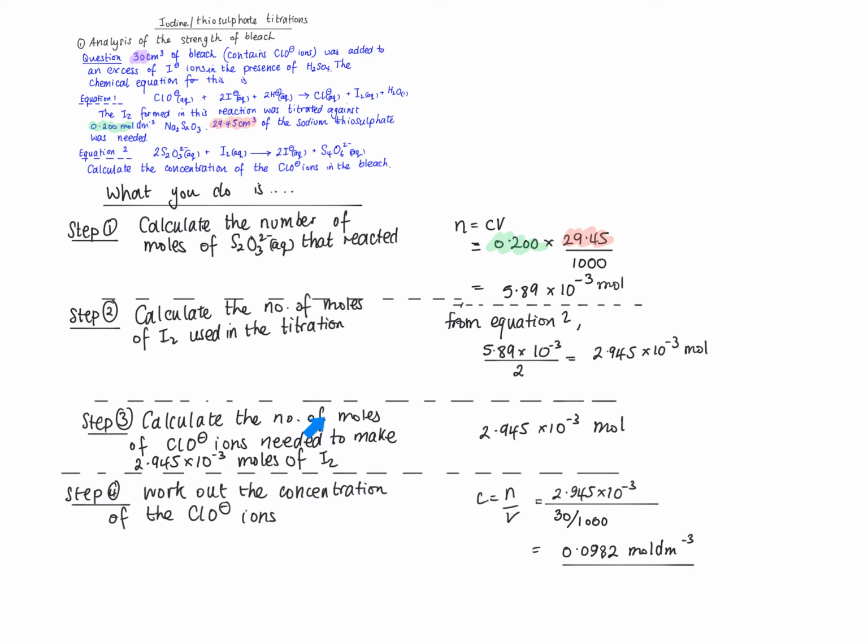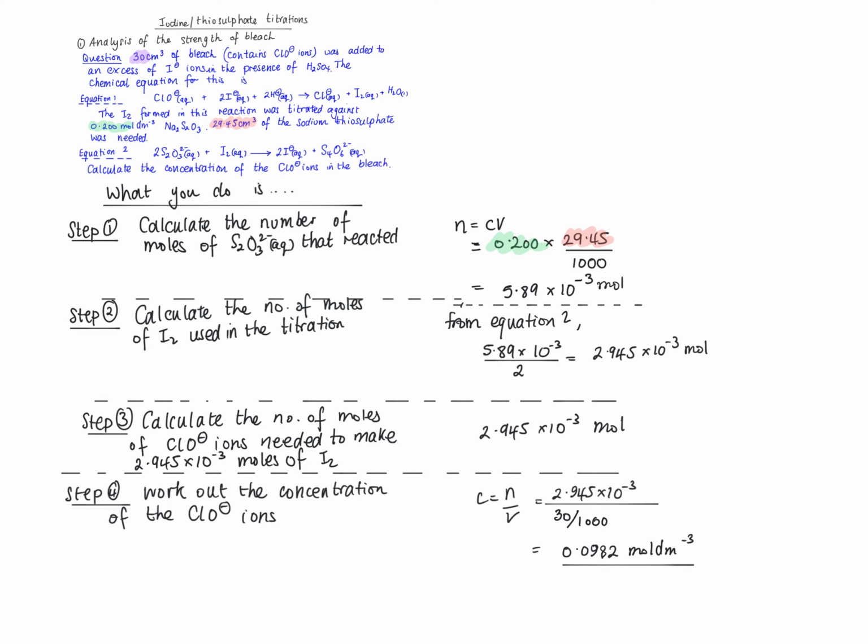Step 3. Calculate the number of moles of ClO- ions needed to make this many moles of I2. So if we look at equation 1 that we're given in the question, ClO- plus 2I- plus 2H+ goes to Cl- plus I2 plus H2O. What that means is 1 mole of I2 is made by 1 mole of ClO- because it's a 1-to-1 ratio.